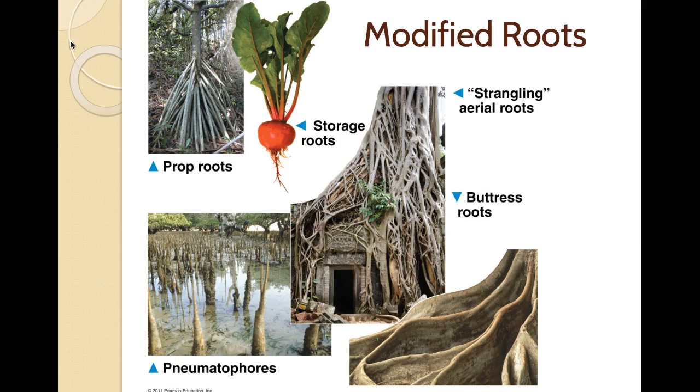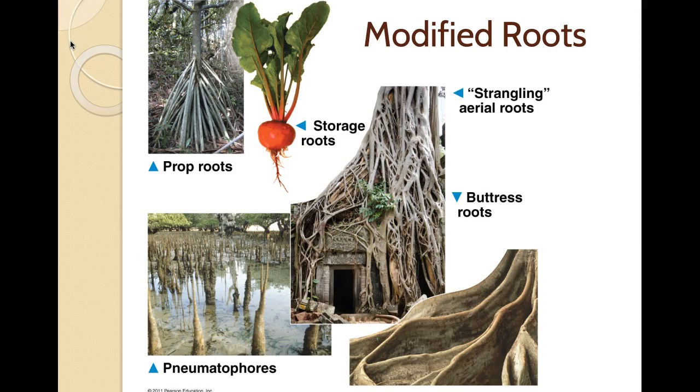So some are known as modified root systems, and these would be adaptations that were developed over time, provided these plants' environment, allowing them to survive over time.